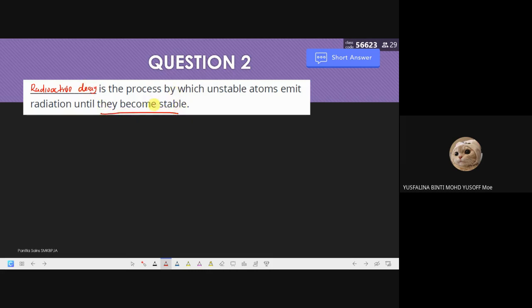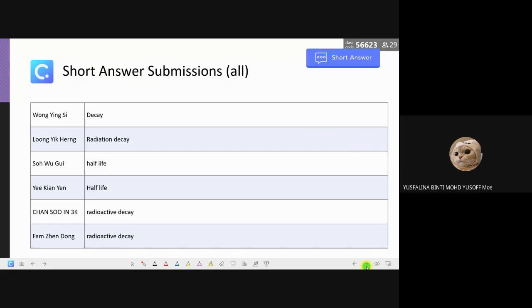So from an unstable nucleus, it will emit the radioactive radiation until it becomes more stable. For radioactivity, they just say that this unstable nucleus will emit the radioactive radiation. They didn't mention until it becomes stable. So that one is radioactivity.